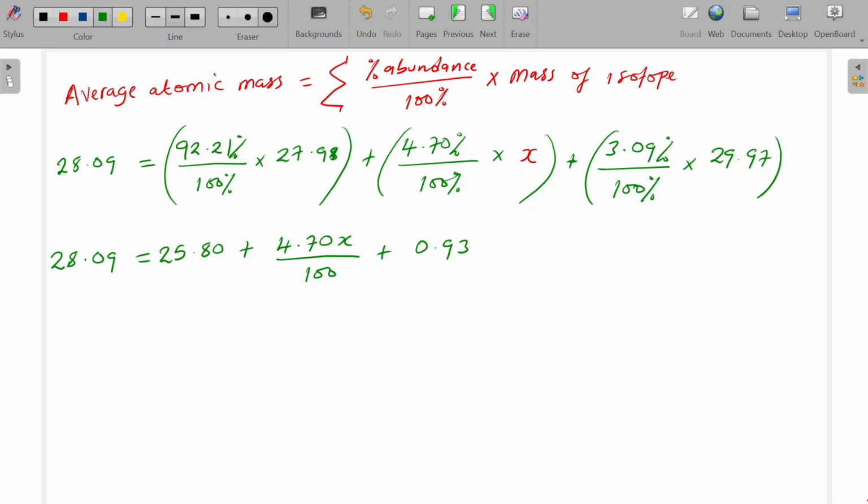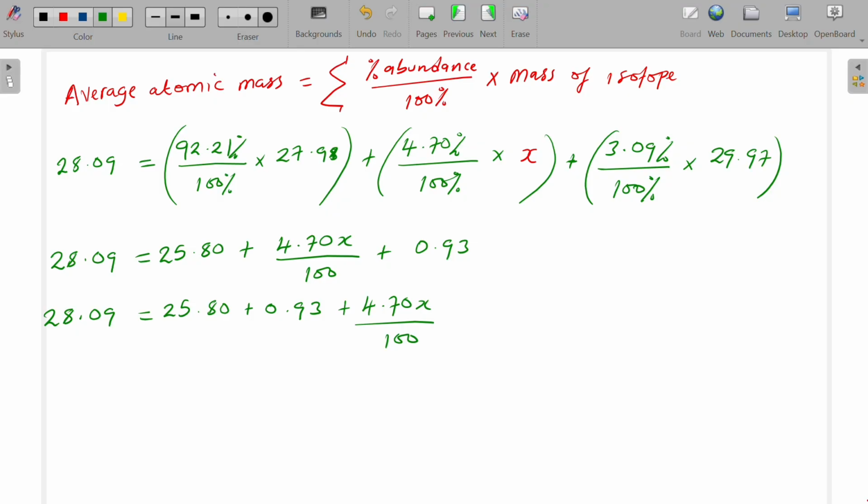All right, so we are going to say we have 28.09, and this is equal to, like terms, 25.80 added to 0.93, and this must be added to 4.70x divided by 100. So that's what we have.